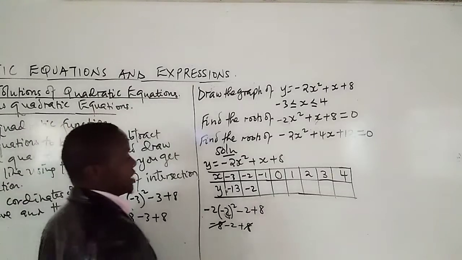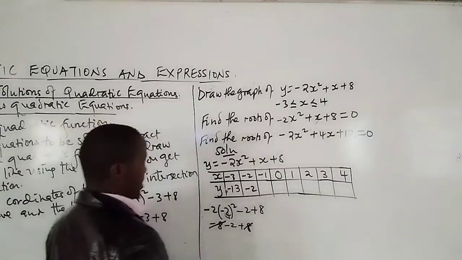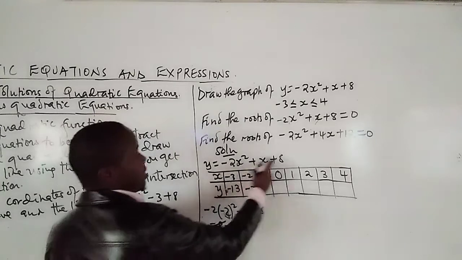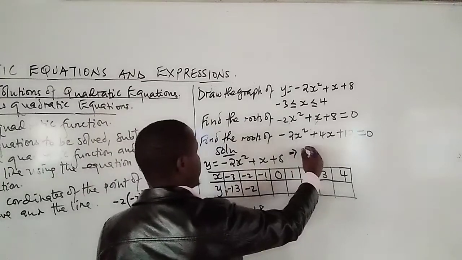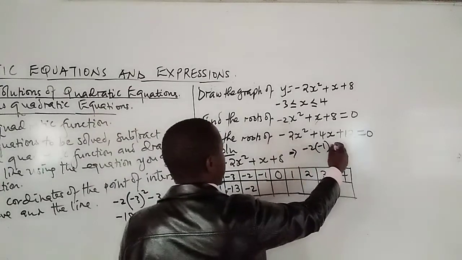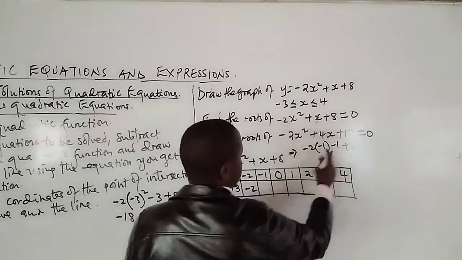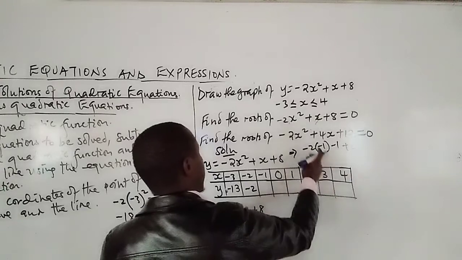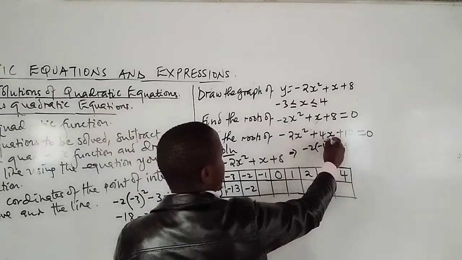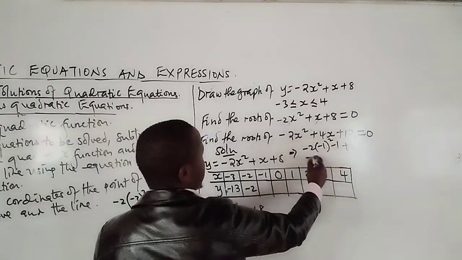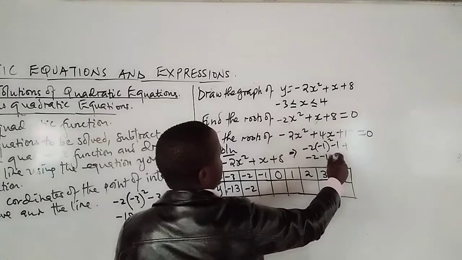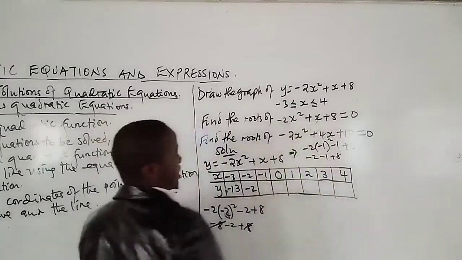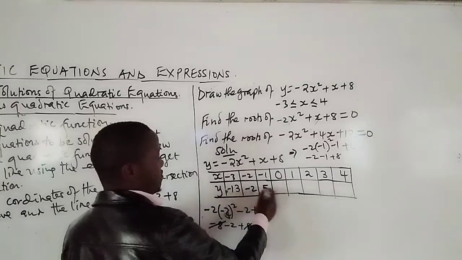When x is negative 1, we fix negative 1 in this equation, and it becomes negative 2 into negative 1 squared, minus 1 plus 8. So that becomes a positive 1. So negative 2 minus 1 plus 8. This is negative 3 plus 8, positive 5.